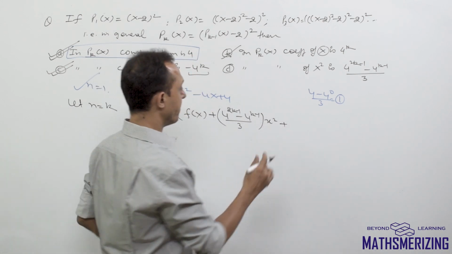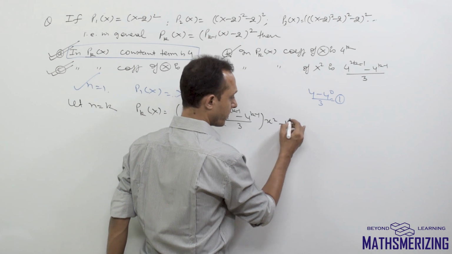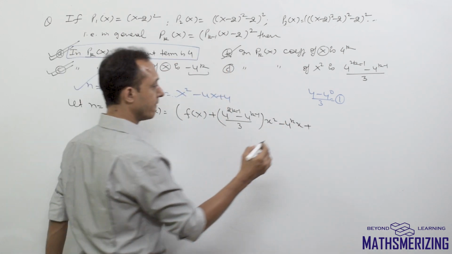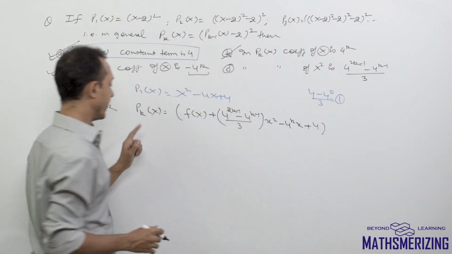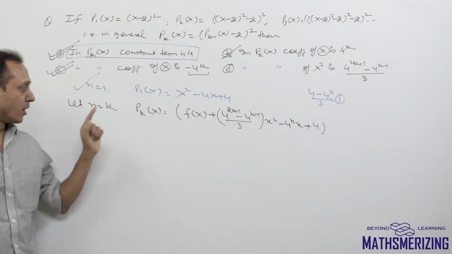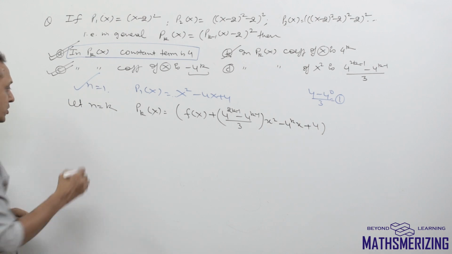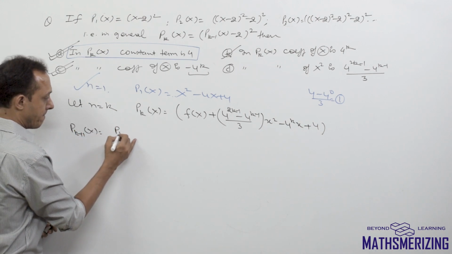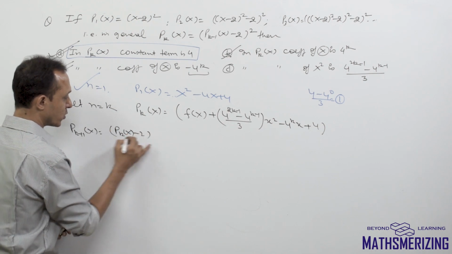So then it will be minus 4^k x, and then what is the constant term? Constant term is simply 4. So that's your p_k(x). Now I have to prove it for p_(k+1). So if I write p_(k+1), it will be simply p_k(x) minus 2 whole square.